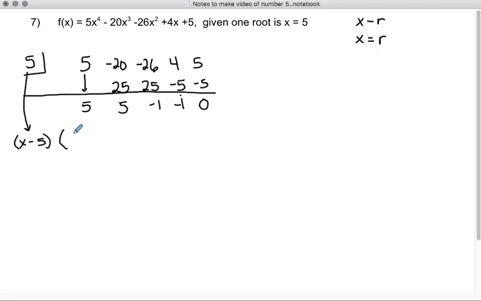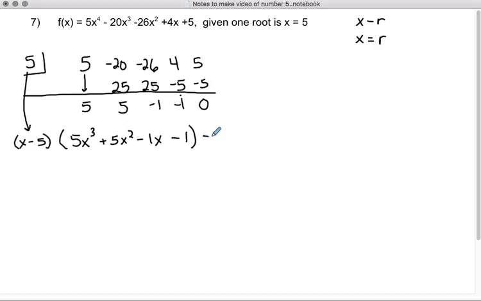I have 5x, but I already divided something out of here, so I'm 1 exponent lower for each of my terms. So 5x to the third plus 5x squared minus 1x minus 1. So that's my final term.